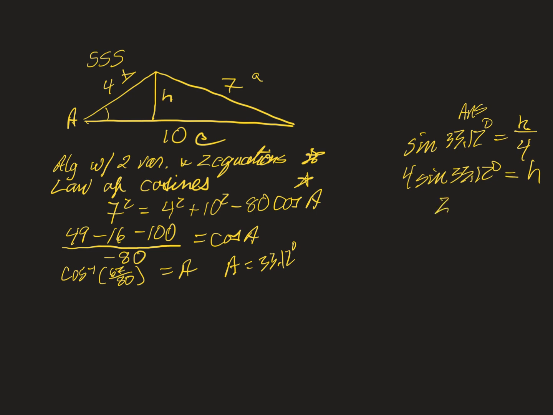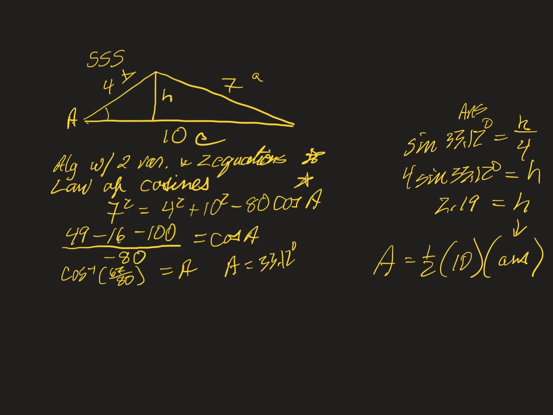So my height is 2.19. Now remember, this is rounded off as well. But I can now find the area, because it's 1/2 times my base, which is 10, times my height, but it's an answer on my calculator, or it's 4 sine of 33.12 degrees.